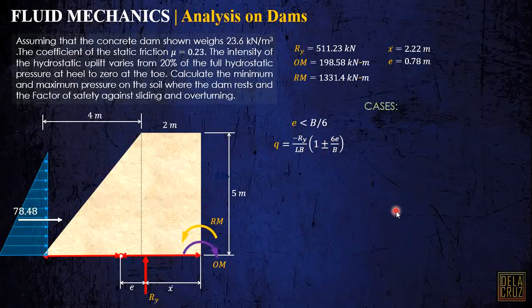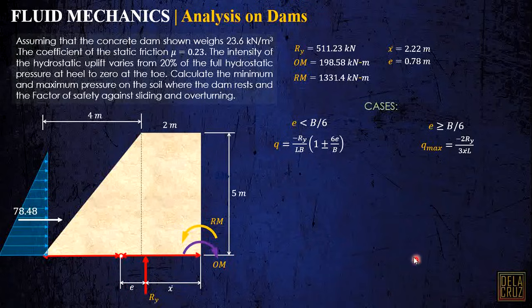And of course, when E exceeds B over 6 or equals it, the maximum pressure is only one, negative 2 Ry over 3 x-bar L. We no longer have a minimum pressure here, or the minimum pressure is automatically 0, since that will create a triangular pressure diagram in our soil.